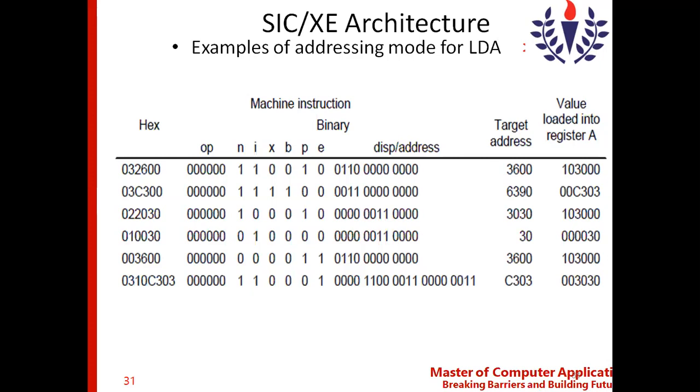Now if you convert this value to hexadecimal format, because address is represented in hexadecimal, 1100 will become C, then 0011 will become 3, then 4 zeros are the same, 0, then 0011 will become 3. So if you look at the target address in the last line, C303, that is your target address.